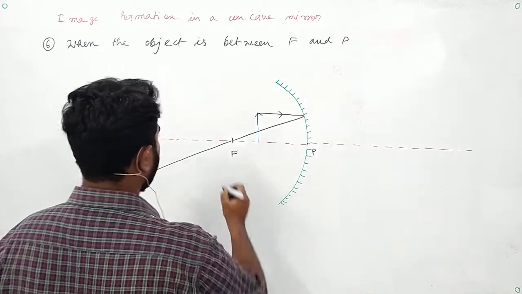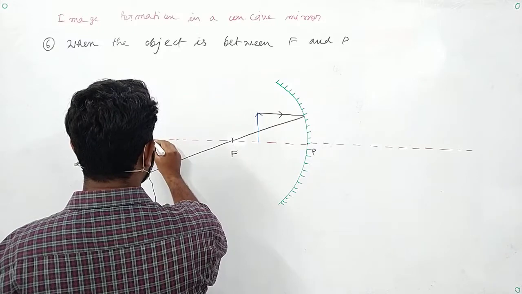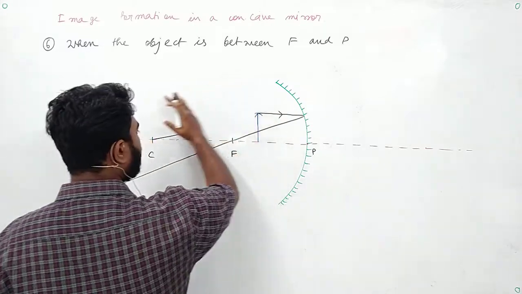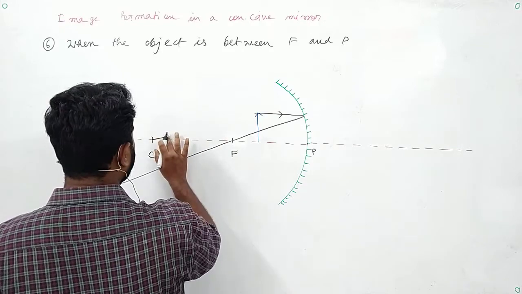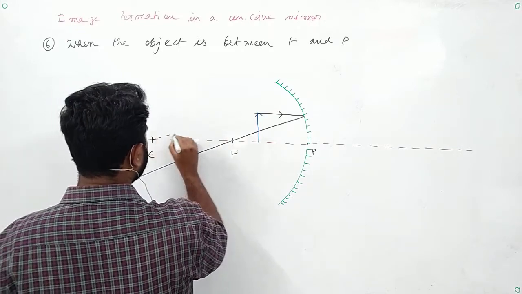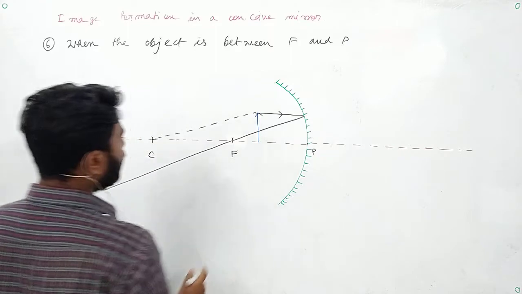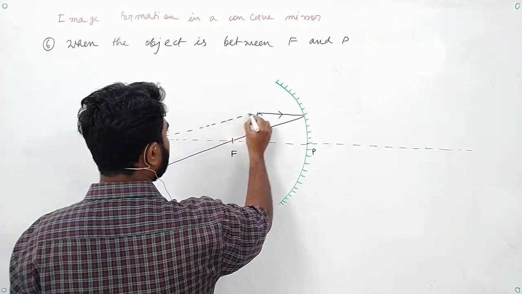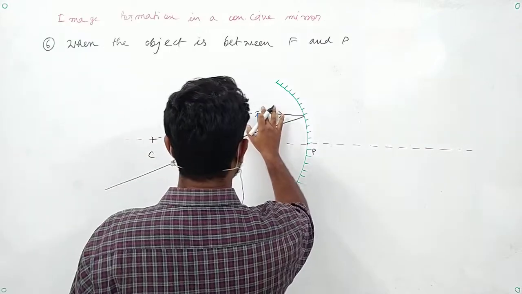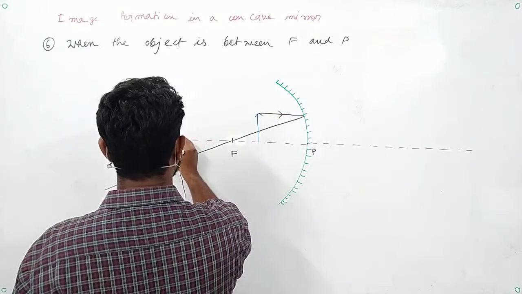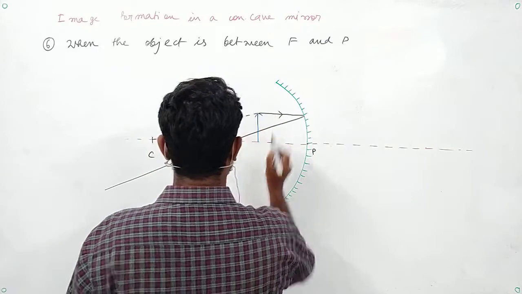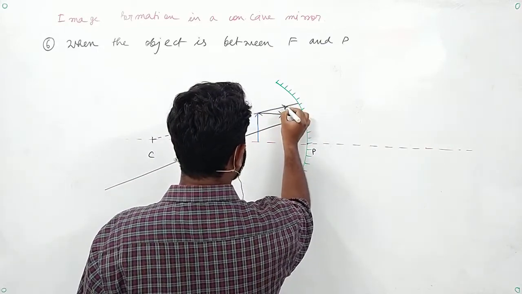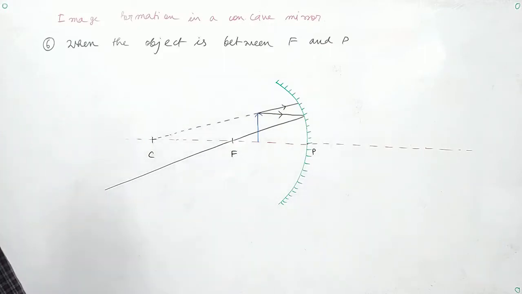Okay. Now if a ray of light is directed towards the center of curvature, what will I see? It will go in that direction.